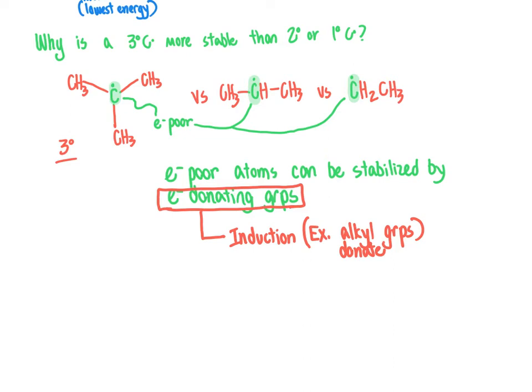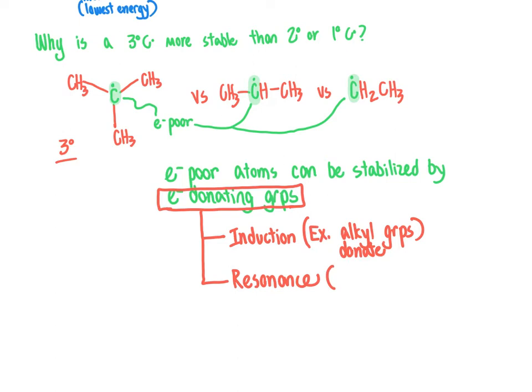Another way that electron-poor atoms can be stabilized using electron-donating groups is by electron donation through resonance. And electron donation through resonance requires that you be able to write out a resonance structure that shows that you're moving electron density from one region of the molecule that's electron-rich to another region of the molecule that's electron-poor.